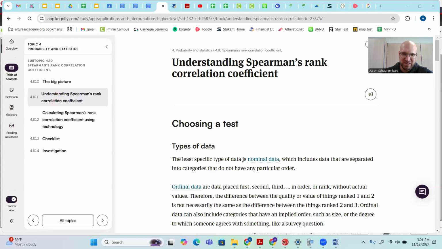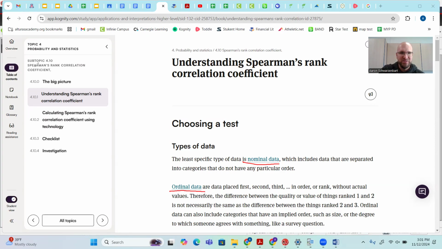Nominal is generally categorical but doesn't have any particular order, while ordinal has a specific order. If you're talking about general numeric data, you can assign it an order, usually ascending or descending. Those are your two very important types of data.